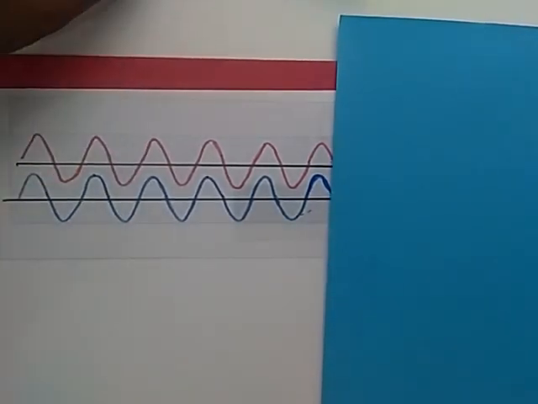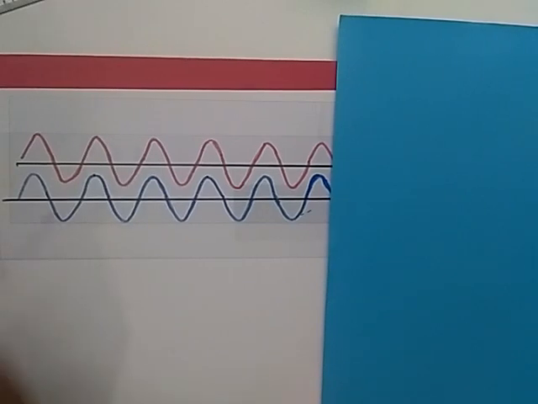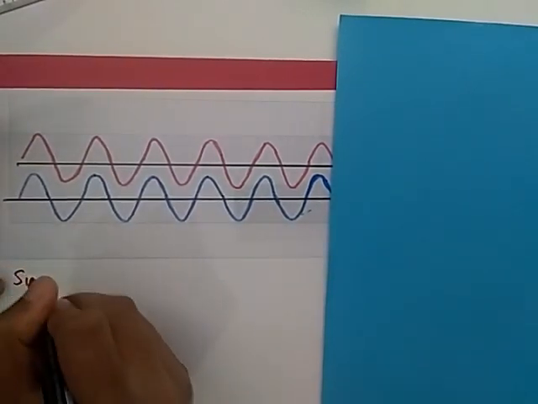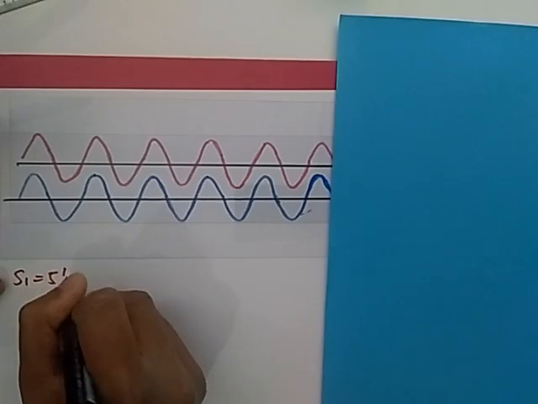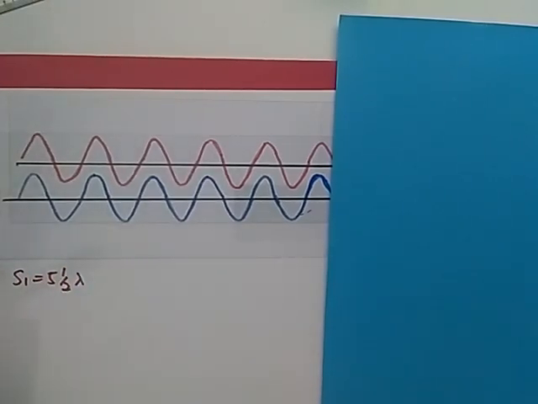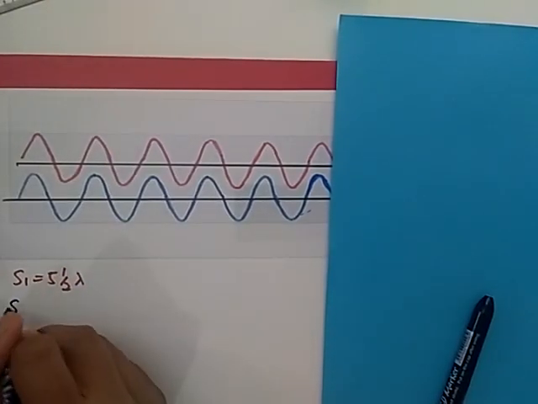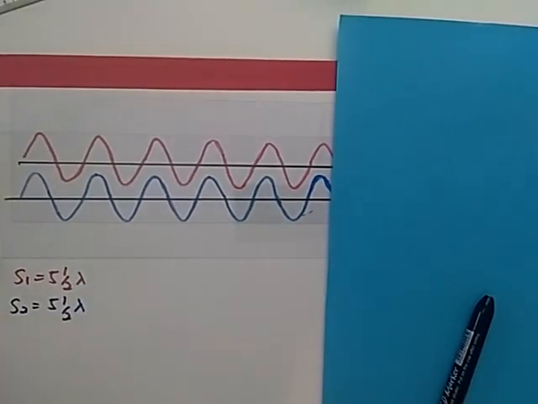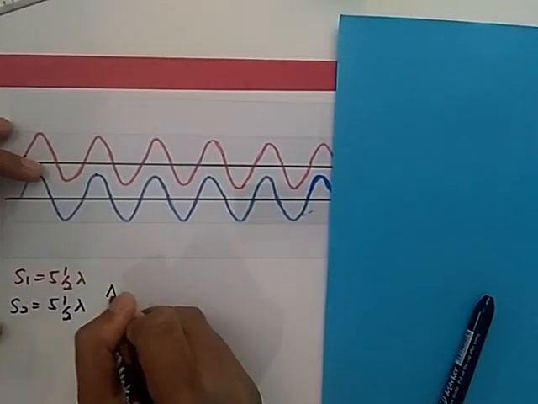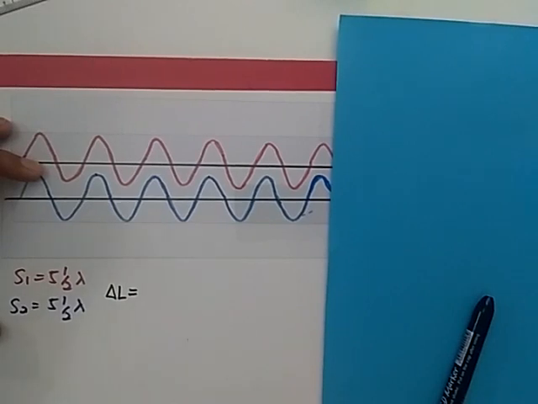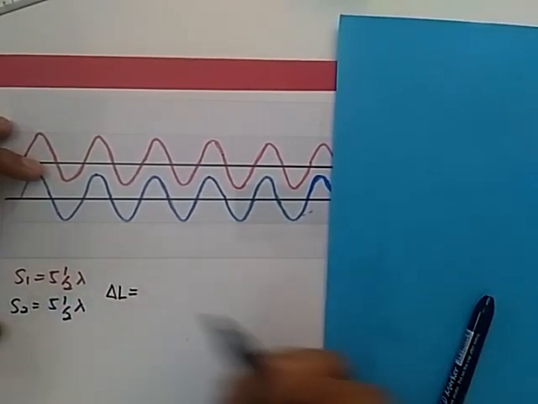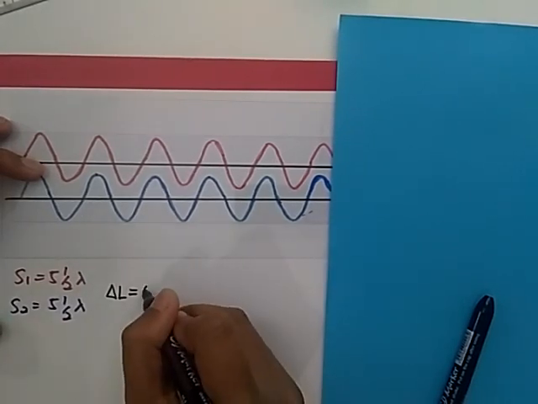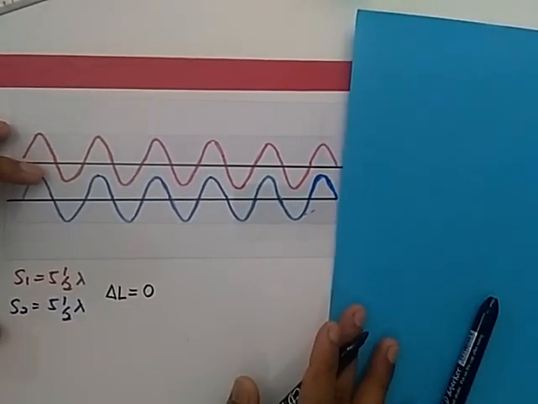So, kalau kedua-duanya ada 5.5 lambda for S1 and S2, therefore the path difference, beza panjang S1 dan S2, ada buku panggil path length, beza panjang di antara L1 dan L2 adalah 5.5 tolak 5.5. Semua orang boleh bagi tahu dia kosong.